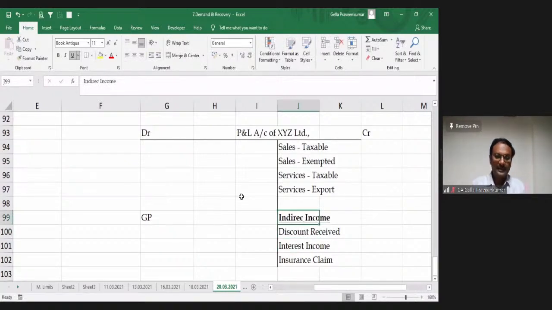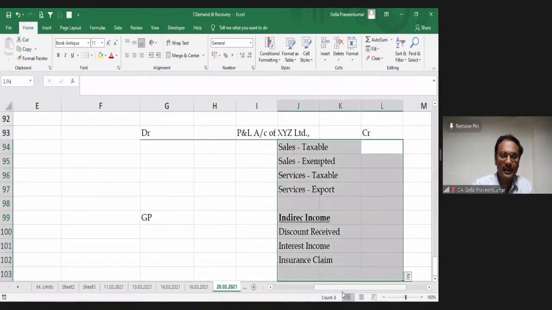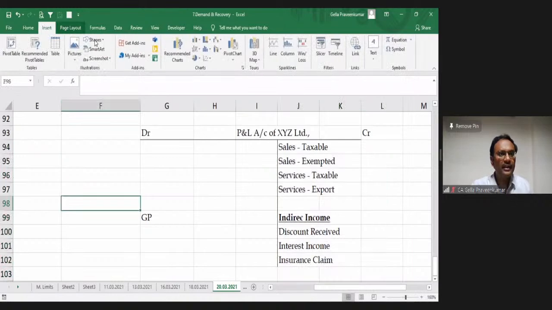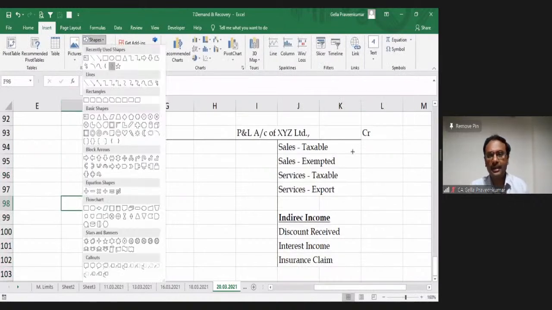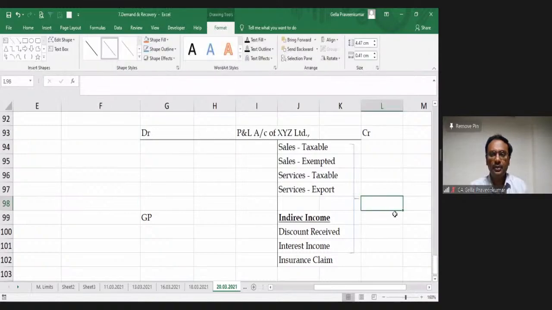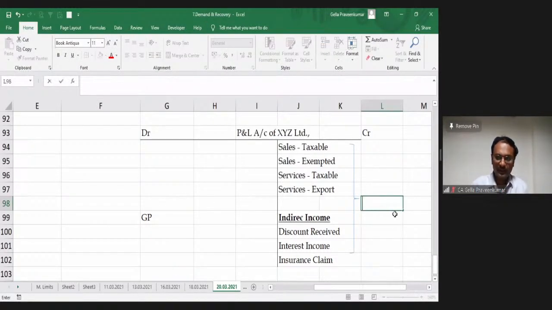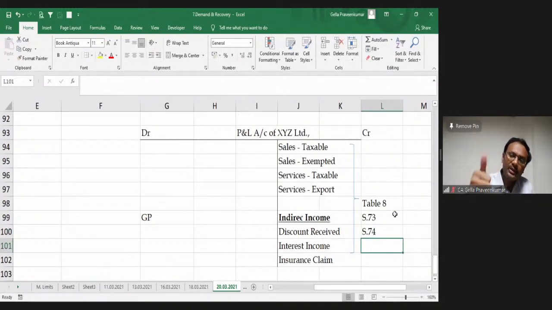Now, please keep in mind, all the transactions of the credit side of the P&L account, I repeat, all the transactions of the credit side of the P&L account should come into my table number 8 carefully. This is one data which will be viewed by the departmental officer, whether you are proper enough to disclose your information. If you recollect, notice under section 73, notice under section 74: intent to evade, fraud, willful misstatement, suppression of facts.